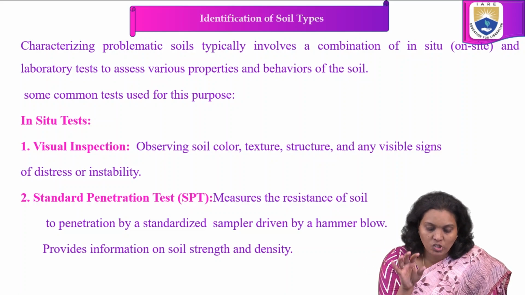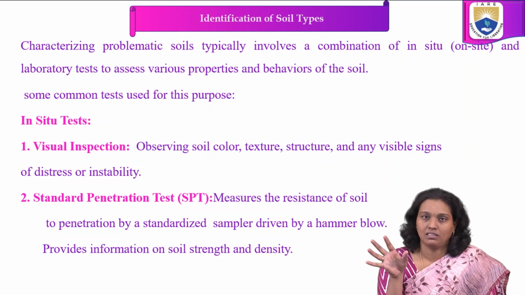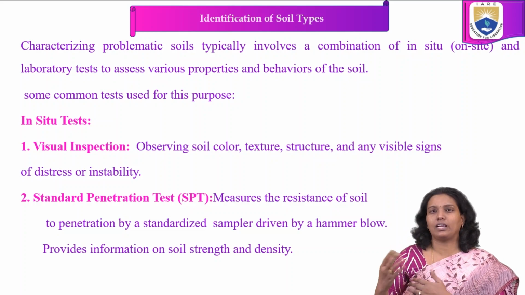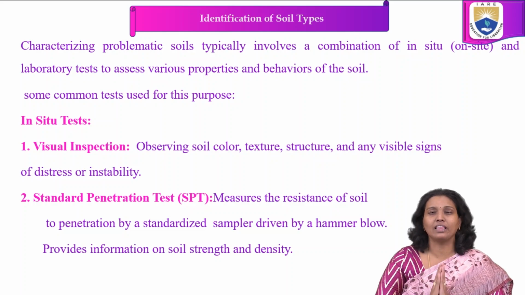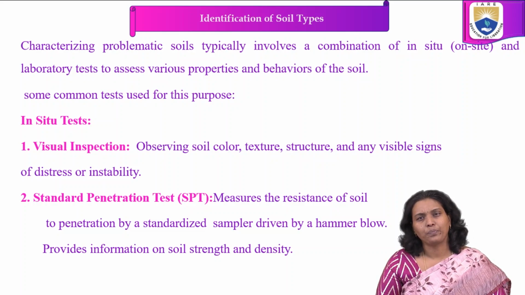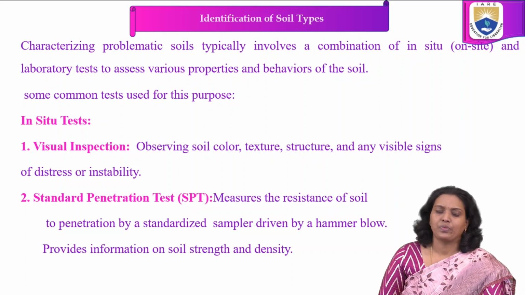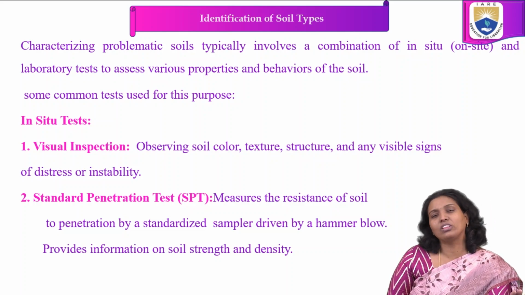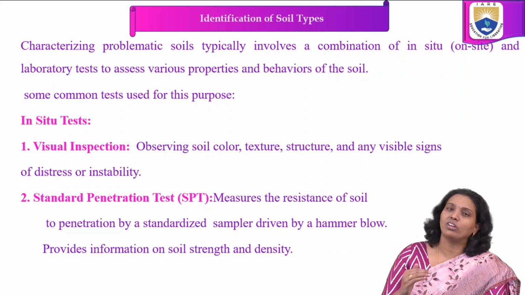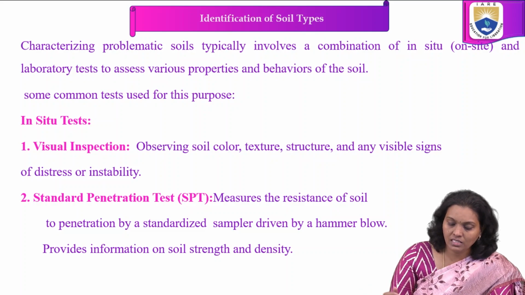Visual inspection gives us much understanding, but for the minute details and the strength and safety aspects, we conduct the next level of tests. In visual inspection, a geotechnical engineer or any other engineer, based on their experience, gains increasing accuracy.